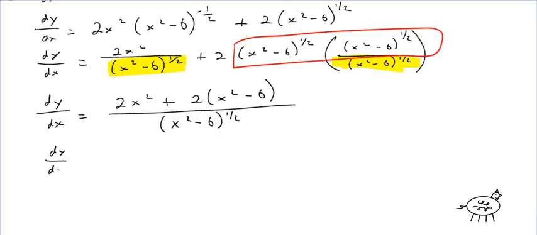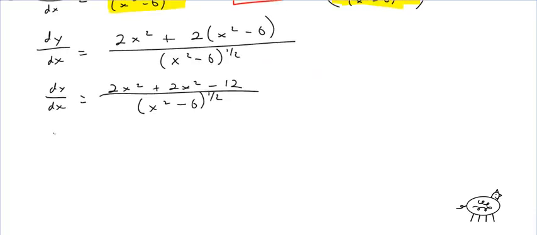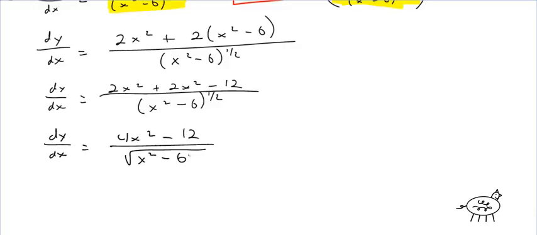So dy/dx is 2x squared plus 2x squared minus 12 over (x squared minus 6) to the 1/2 power. Then of course combine the terms. dy/dx equals 4x squared minus 12 over the square root of x squared minus 6. I don't care if you write it as the square root or to the 1/2 power, it doesn't matter. So that's really not that bad.